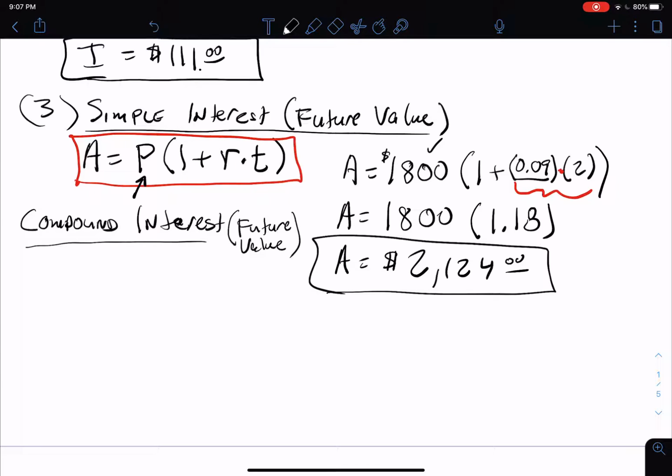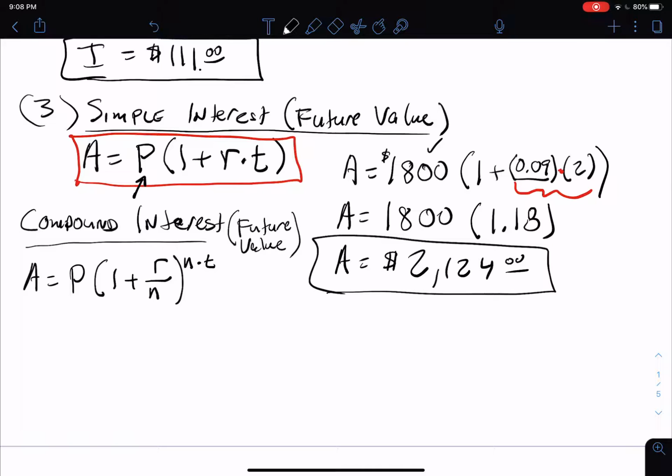But let's take a look at the formula for this. So it's going to be the amount equals the principal times 1 plus our interest rate divided by our compounding periods, raised to the compounding periods times time. And some books, in this book also shows this formula.